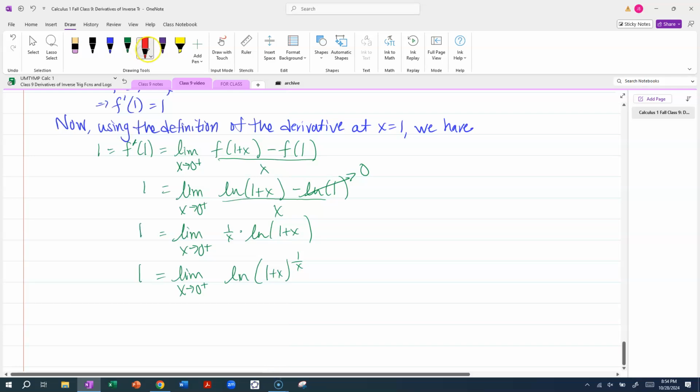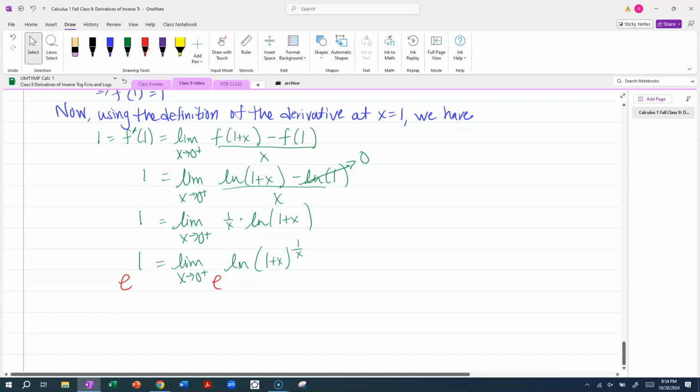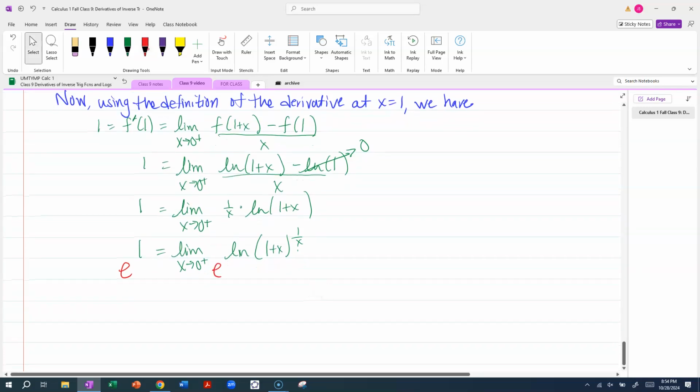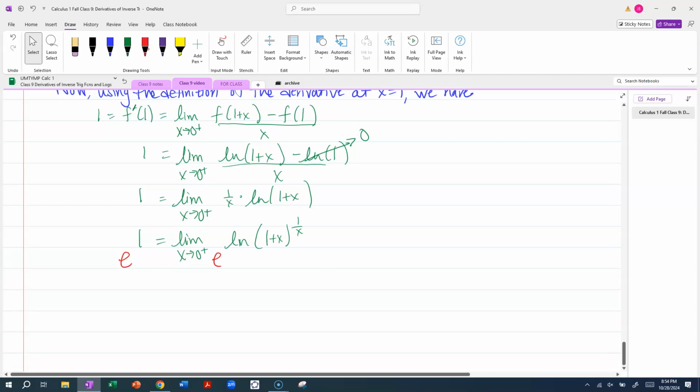Now what we're going to do at this stage is exponentiate each function. We can do this because the exponential function is a continuous function. And so then what we get, oops, I don't want the e there, I want the e there. I need to apply it to each side in its entirety.